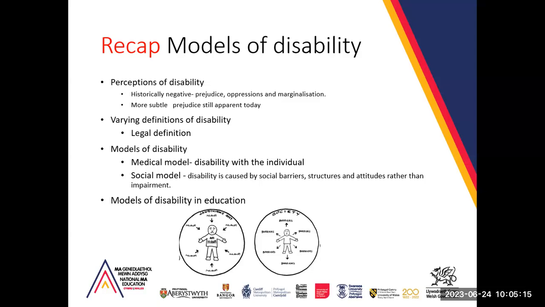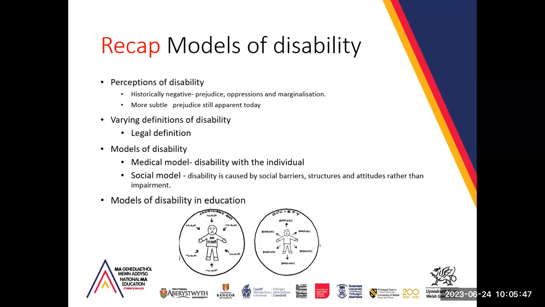We also looked at the varying definitions of disability. Yes, we've got the legal definition of disability that can protect disabled people and help people qualify for support. But there are varying definitions of disability, and these indicate how the ideas of disability can change and evolve depending on different aspects.